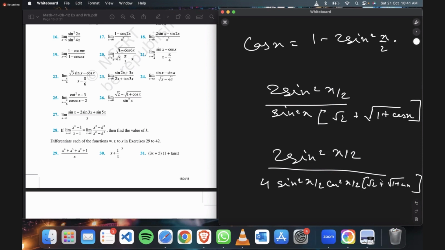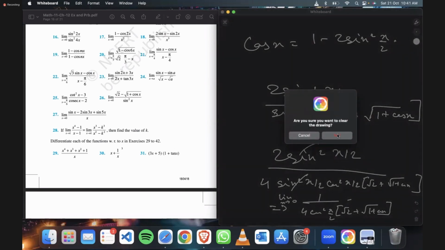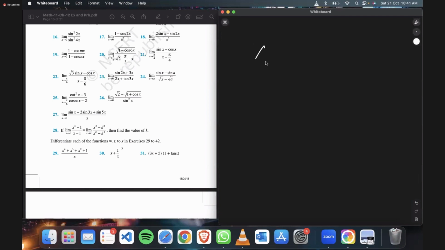Alright, now, so 1 by 4 cos square x by 2, under root 2 plus under root 1 plus cos of x. Limit x tends to 0. So this part will be 1, this part will be root 2 plus root 2, root 2, 8, 1 upon 8 root 2. So the answer to this problem is 1 by 8 under root 2.